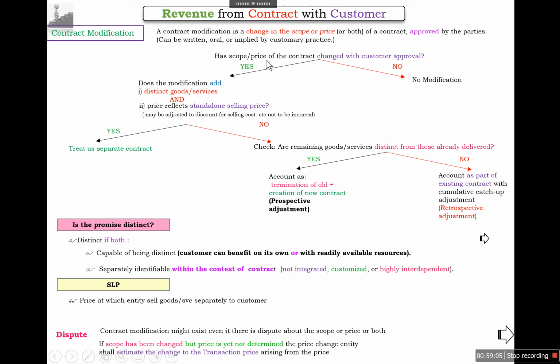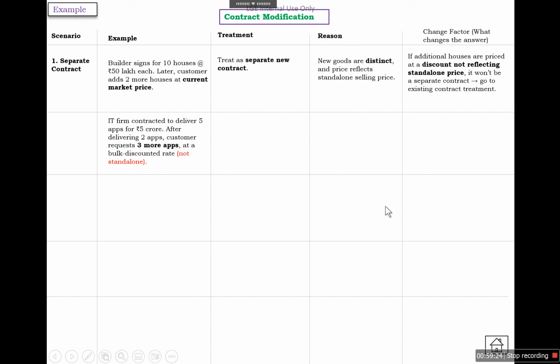Here, if you see, the first condition was whether it is distinct goods. Yes, it is. Does the price reflect the standalone price? No, it does not. In this case, we will check again whether it is for distinct goods. Yes. So in this case, we will do the prospective adjustment. We need to terminate the old contract and create a new contract for the remaining apps.